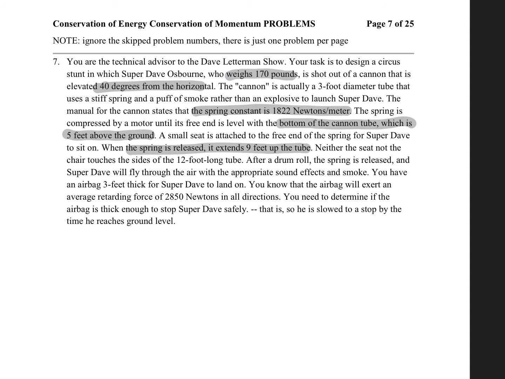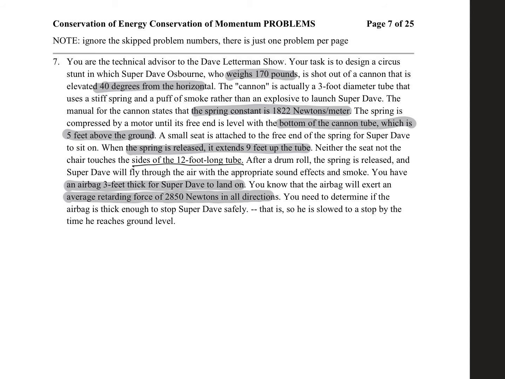Inside the 12-foot tube, I guess the spring takes up the first 3 feet along with the chair, and so he's 5 feet above the ground when it does that. There's an airbag 3 feet thick for Super Dave to land on, with an average retarding force of 2850 newtons. So those are all the givens.